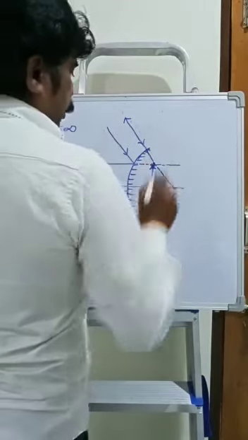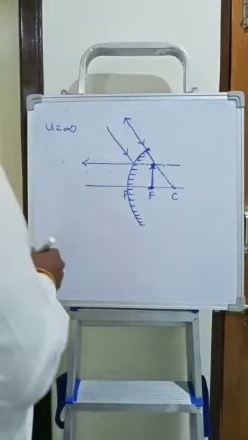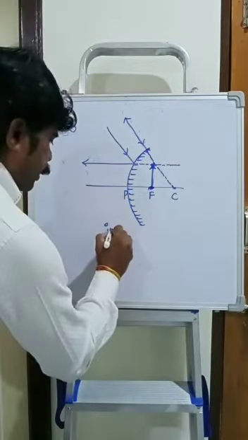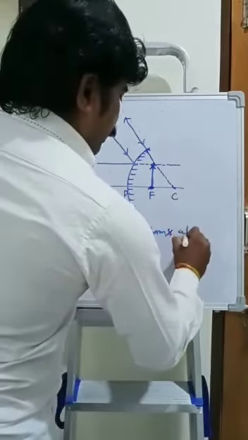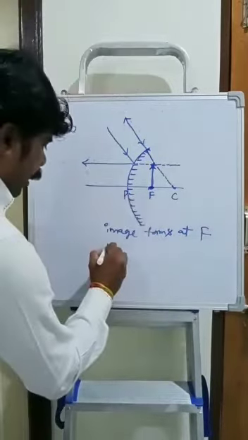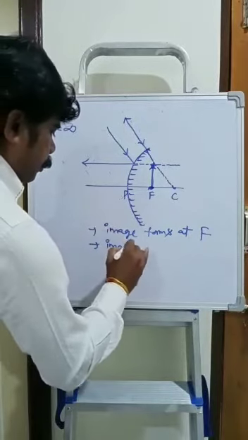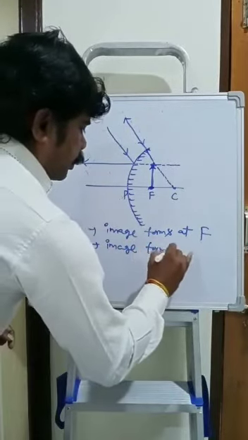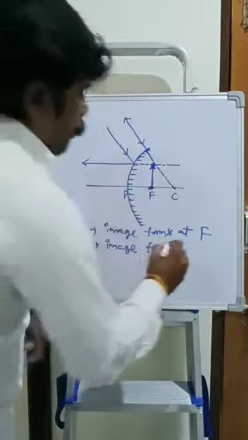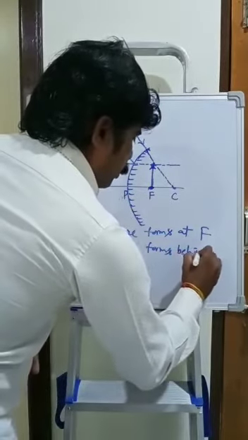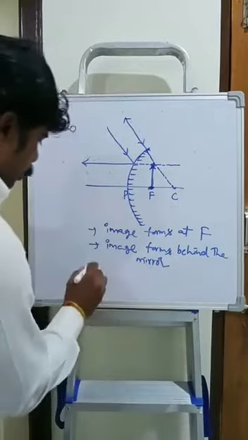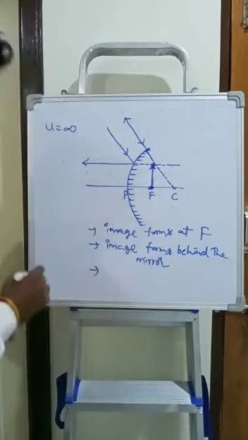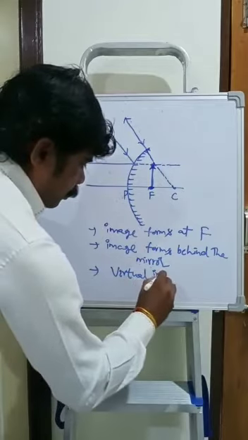So the image forms at F, and the image appears behind the mirror. So it is a virtual image.